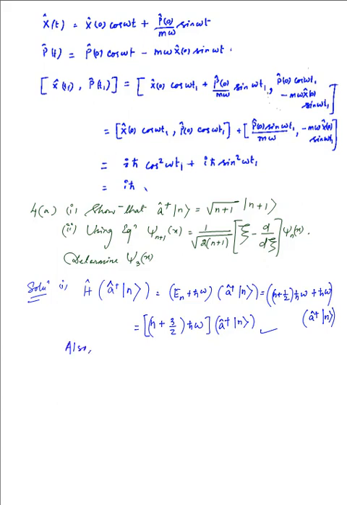Also, we have the Hamiltonian acting on n plus 1 to give us n plus 1 plus half times h bar omega times n plus 1. And that is nothing but equal to n plus 3 over 2, the same thing that we obtained in the previous case.